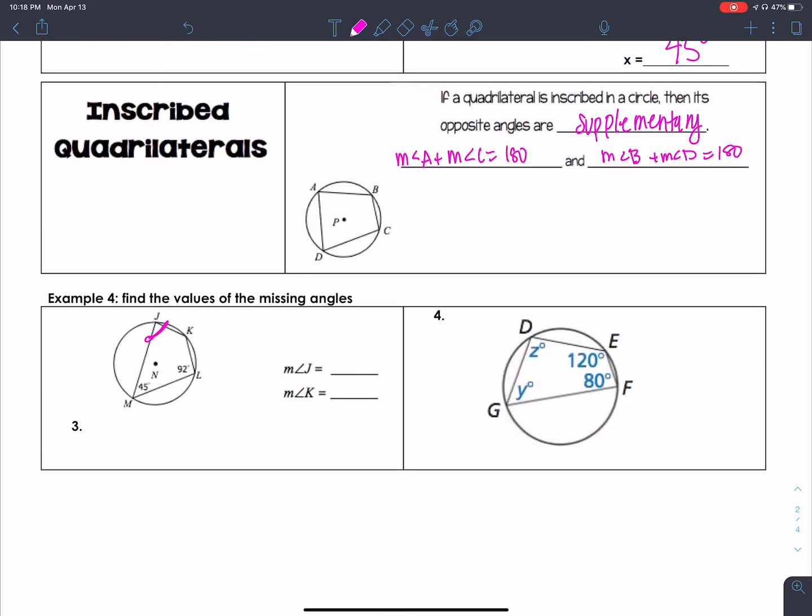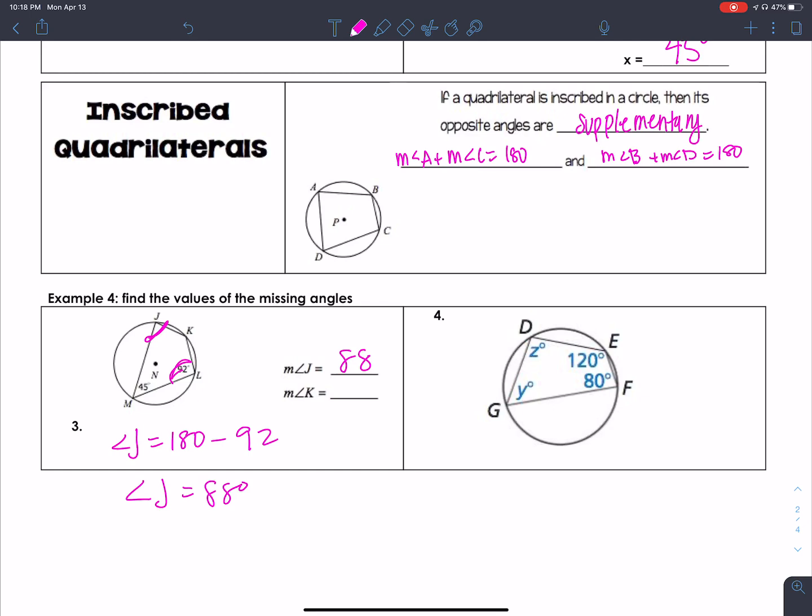Okay, so here we go. Angle J is going to be supplementary to angle L. So angle J equals 180 minus angle L. Oh, angle L has a measure, doesn't it? So 180 minus 92 gives me 88. So angle J is 88.